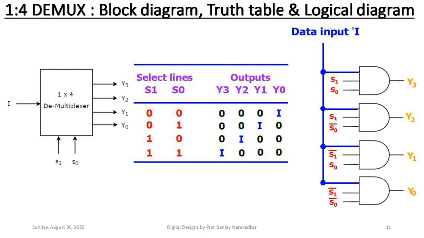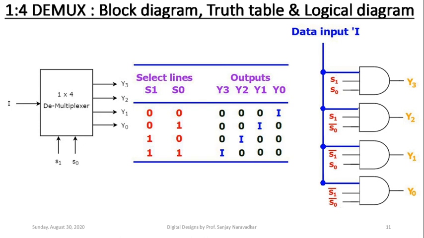Students are once again instructed to design a higher order demultiplexer like 1 to 8: one input line I, 8 output lines Y0 to Y7, and 3 select lines S2, S1, S0. The truth table would contain a total of 8 entries, with outputs from Y0 to Y7, so my output side will get extended like this.